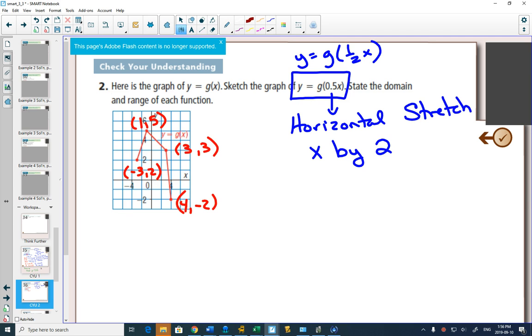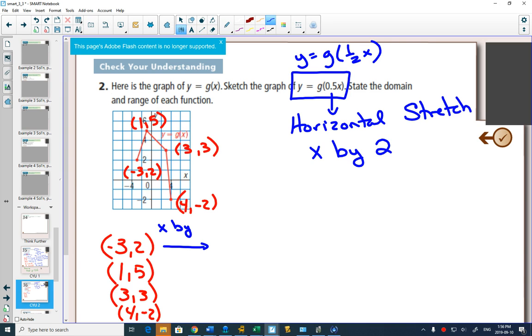So if we use the same strategy we did last time, where we wrote down our original points, (-3, 2), (1, 5), (3, 3), and (4, -2), and we say in this transformation we need to multiply our x values by 2, what's going to happen to each one of these points?